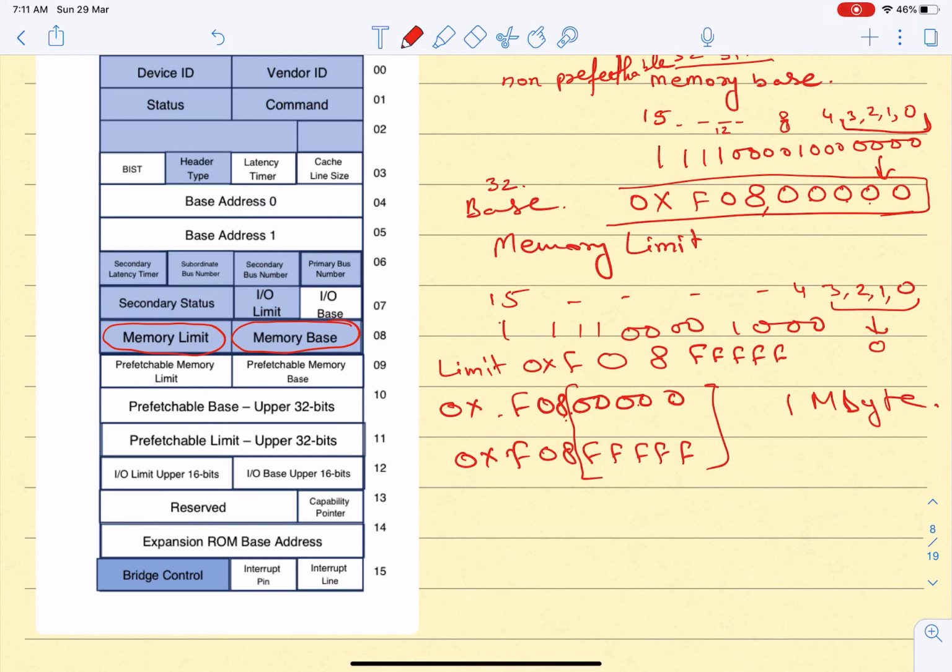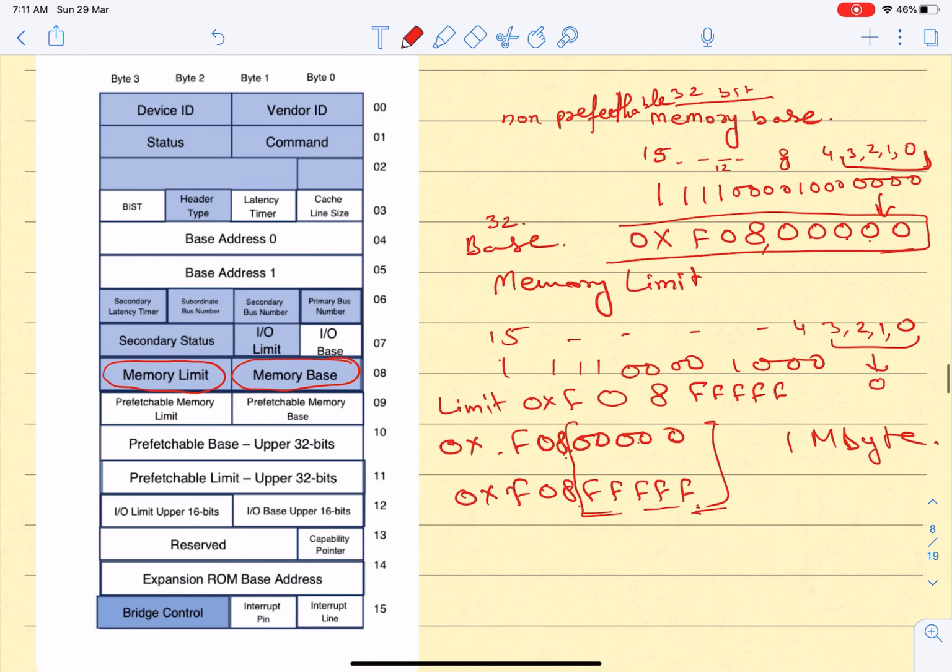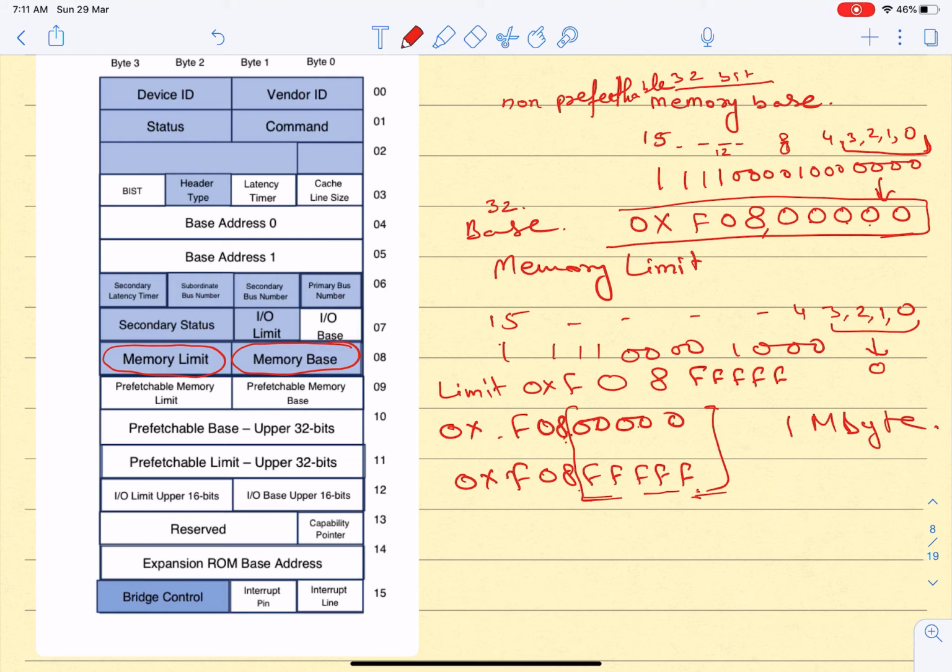If we are checking that, the 20th bit will be up to the 19th bit, it is FFF. If we want to configure a larger memory range, the same, then we will have to change that memory base address accordingly. Okay, this is for non-prefetchable.